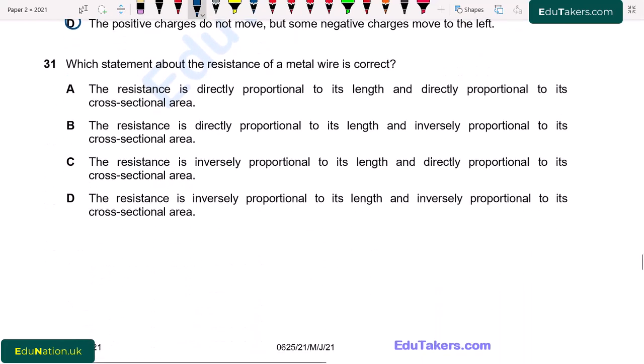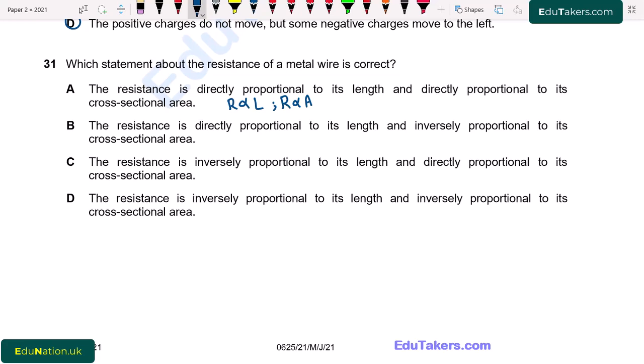Question number 31. Which statement about the resistance of the metal wire is correct? A. The resistance is directly proportional to length and directly proportional to cross-section area. So in this option, resistance is directly proportional to length and also directly proportional to cross-section area.